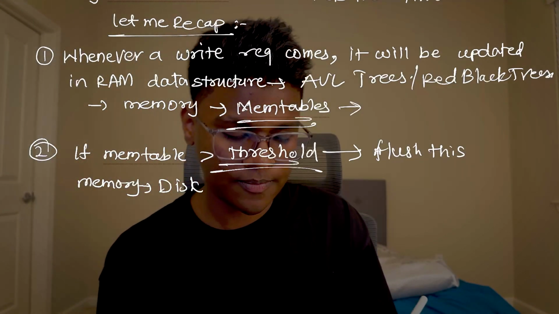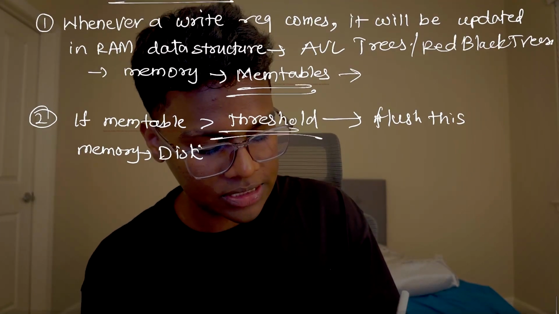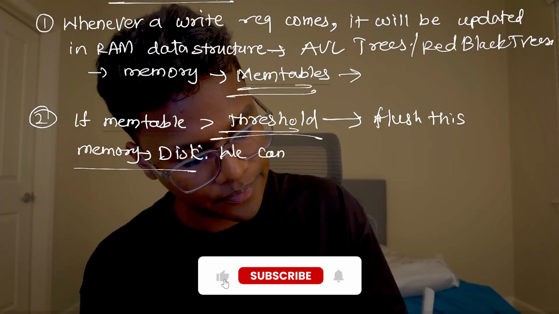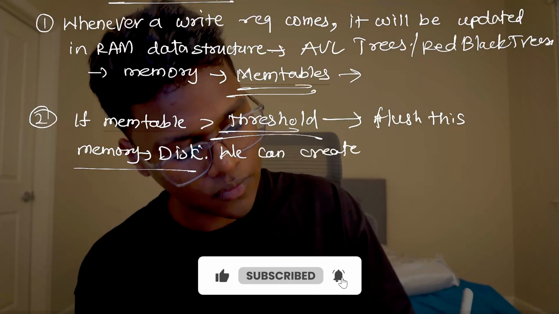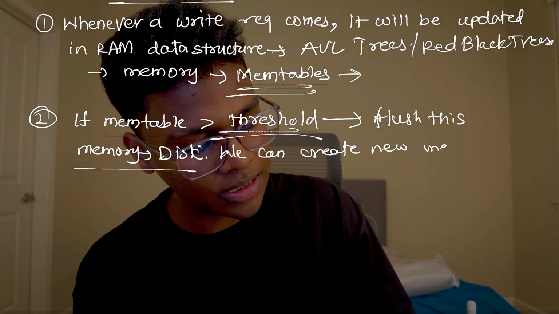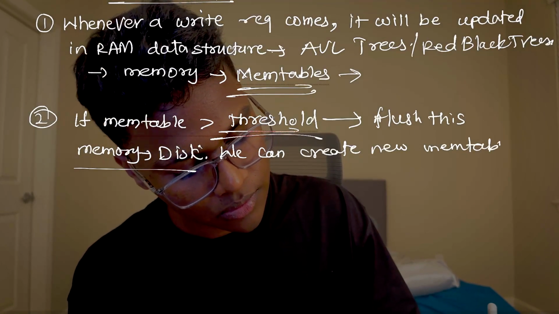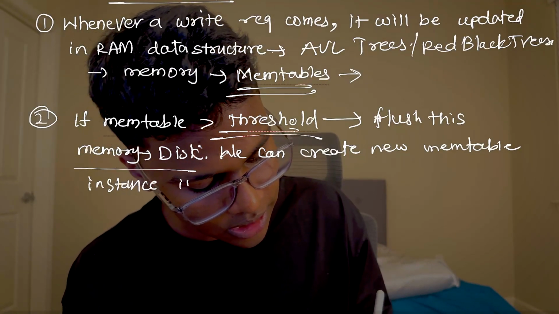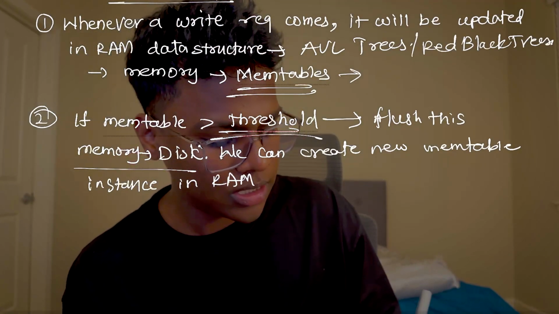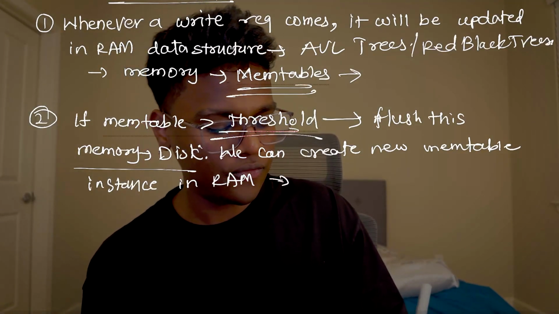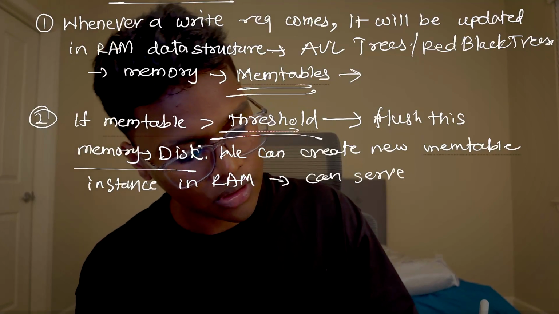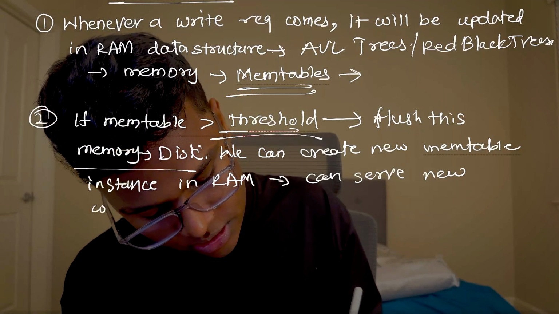And while this is happening, we can create a new memtable instance in RAM, and we can serve new write requests there.